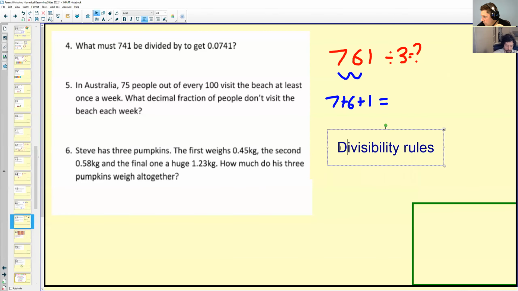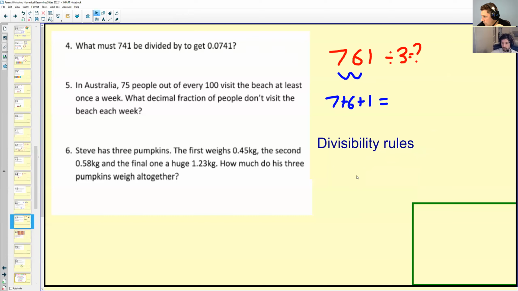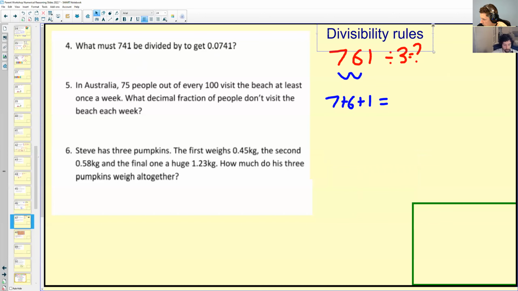And actually, there's a whole chart, and obviously for the divisibility rules for even numbers, you can divide them by 2, it's very easy, but some of these can offer some shortcuts for what can be otherwise very challenging question types, and just making sure students know these or are aware of these. And certainly the ones for 3s and 7s, which tend to catch students out, are quite useful. So in this case, 7 plus 6 plus 1 gives us a total of 14, which is not divisible by 3.